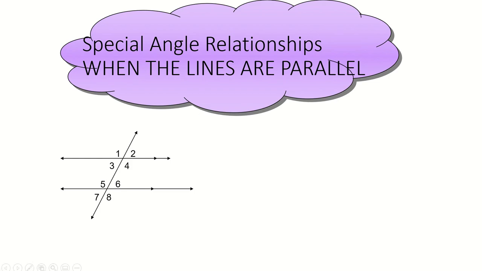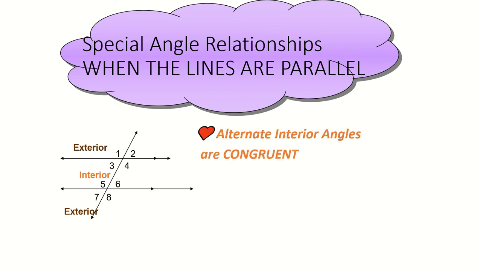Now, to sum up all the possible angle relationships, we have here a list. But remember, this is only applicable when the lines are parallel. That's why it's called a special angle relationship, because it's only true in some cases. So don't forget the interior, the exterior, and the same side, and the alternate.